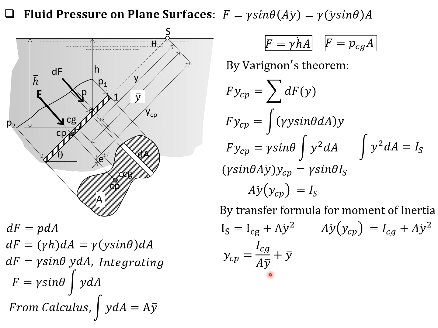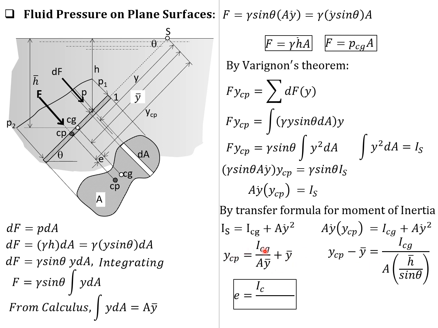And replacing further ȳ by h̄, so we have this right triangle, opposite to theta is h̄, ȳ is h̄ over sine of theta. So y sub Cp minus ȳ equals I sub CG over area ȳ, and ȳ is h̄ over sine theta.